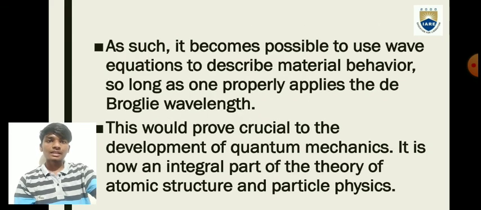As such, it becomes possible to use wave equations to describe material behavior, so long as one properly applies the de Broglie wavelength. This would prove crucial to the development of quantum mechanics. It is now an integral part of the theory of atomic structure and particle physics.